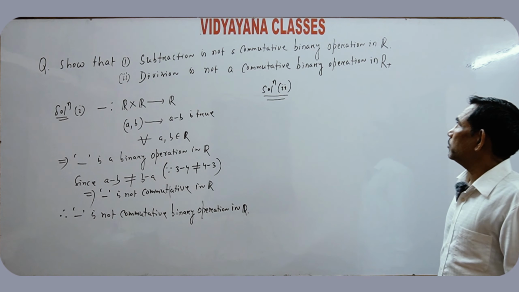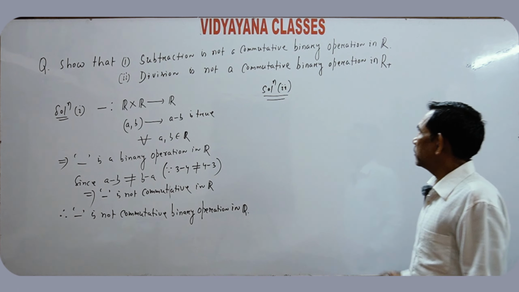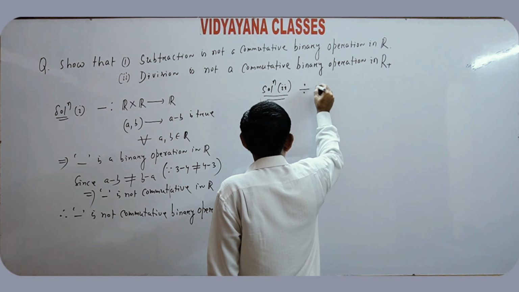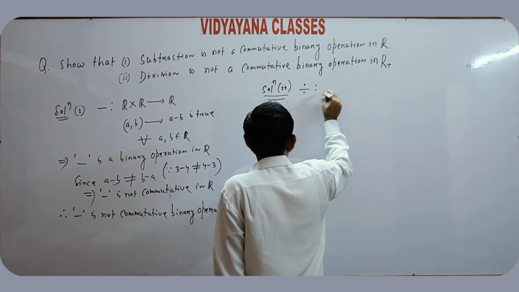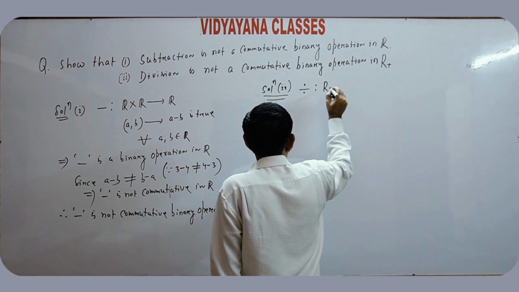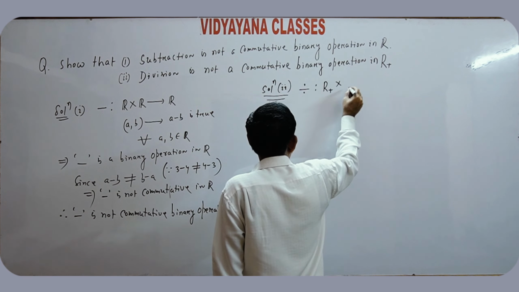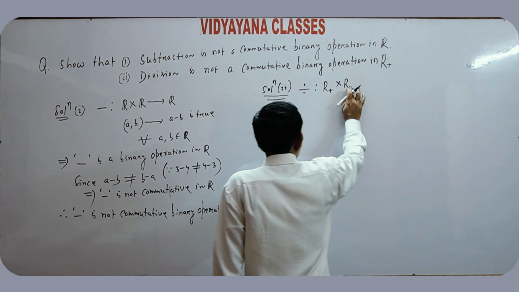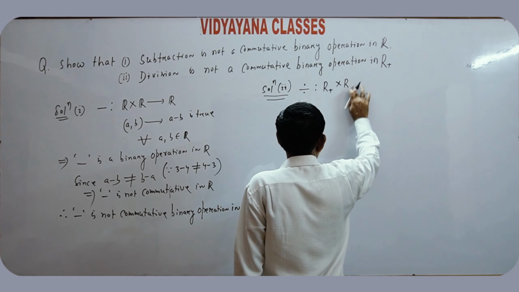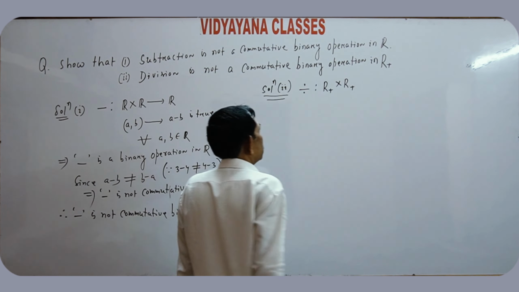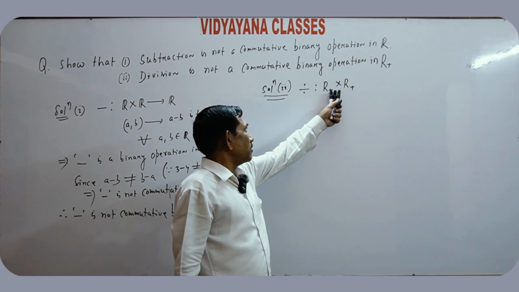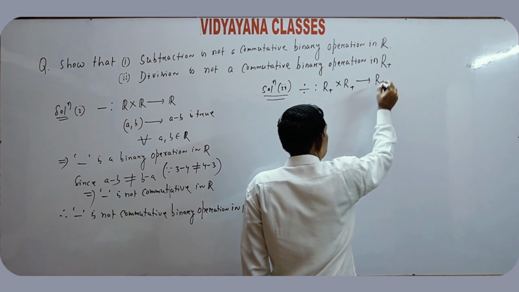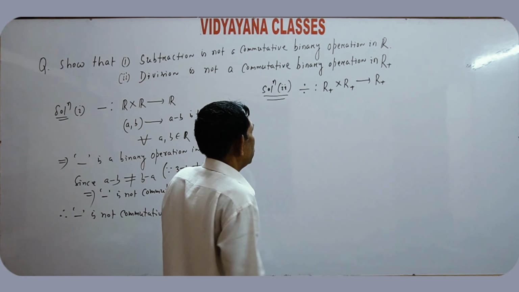Division is not a commutative binary operation. Division, so that R plus cross R plus to R plus, that is the set of positive real numbers.